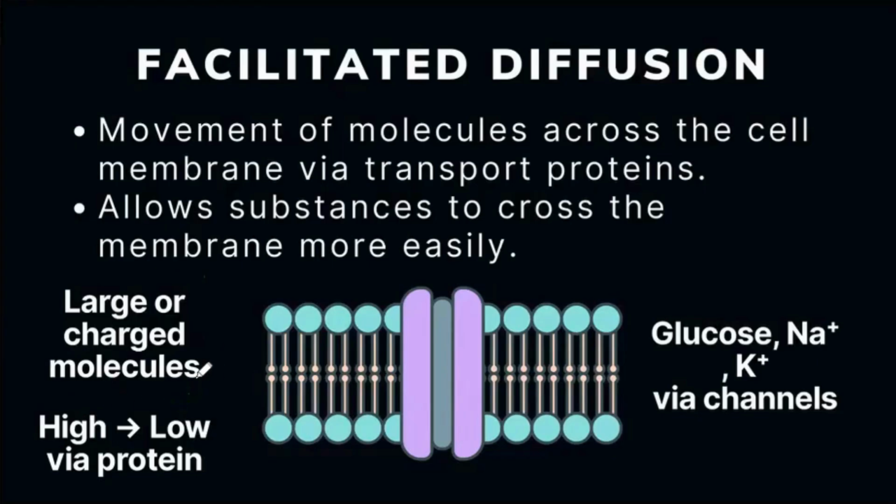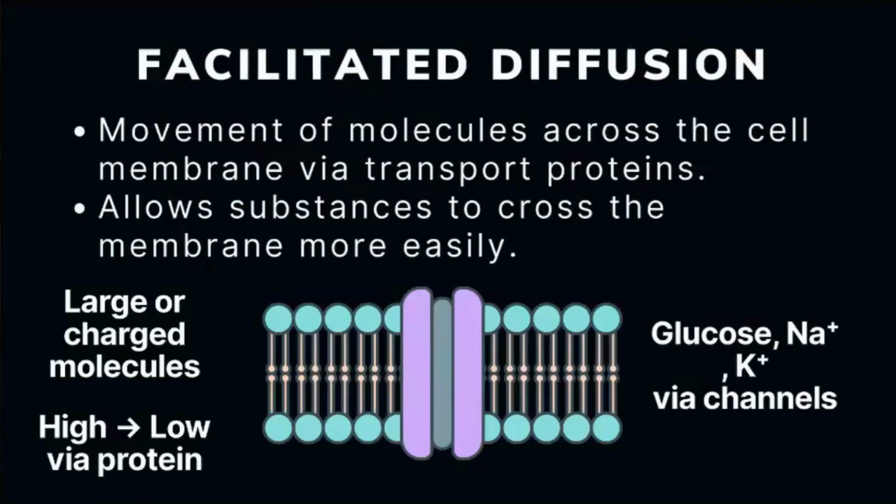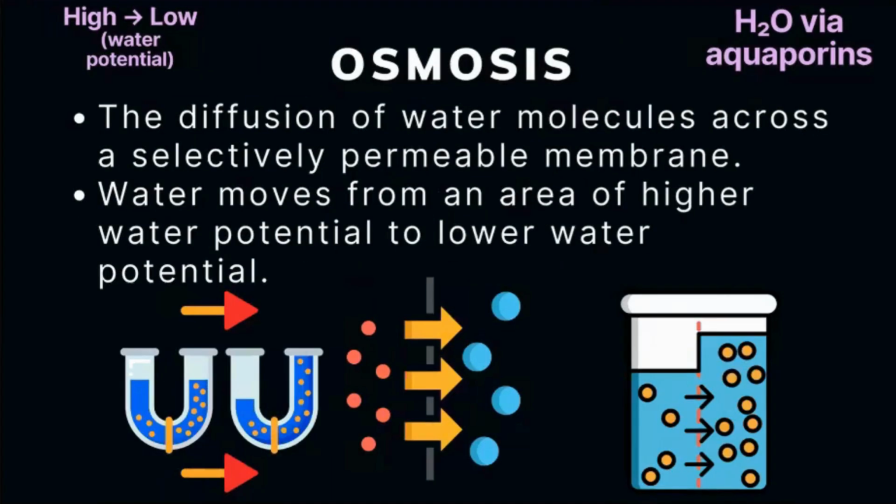So be aware that when you're comparing passive transport and facilitated diffusion, they both are high to low, but facilitated once again has a protein that is involved. And this is left for things like ions and glucose that need some sort of assistance. Now, note that there is no energy involved, so we are still under the category of passive transport.